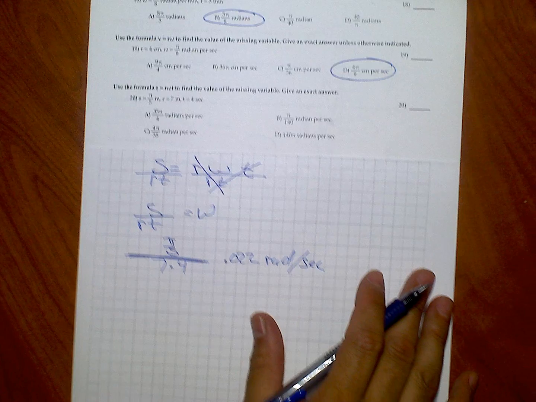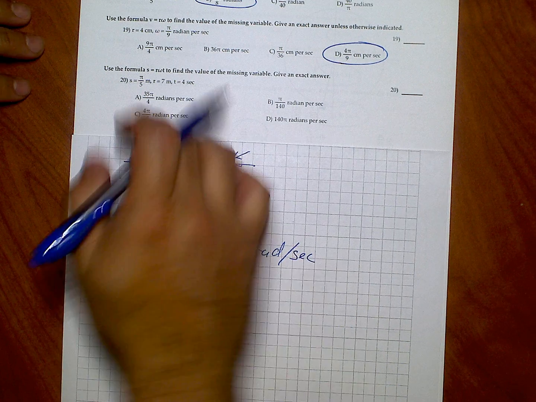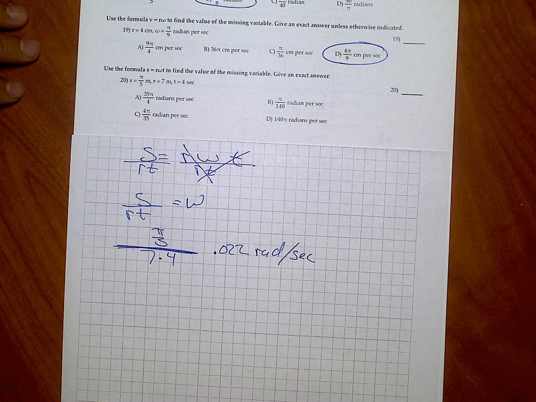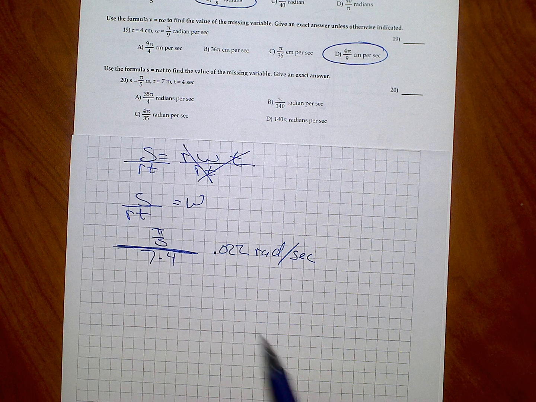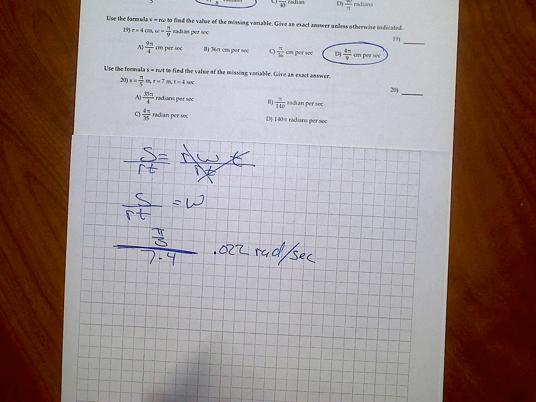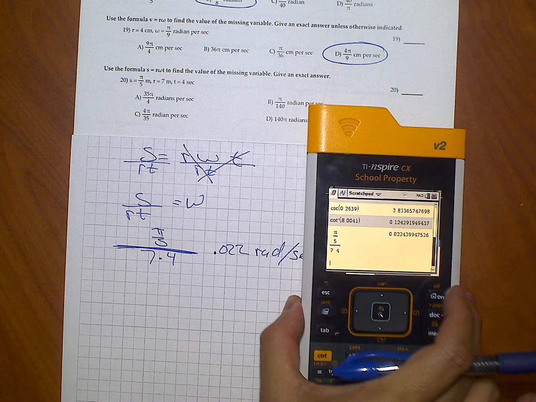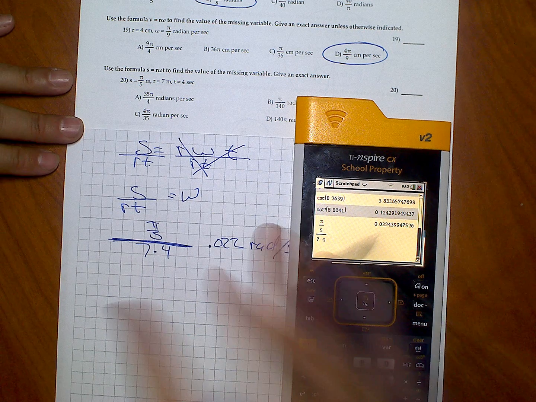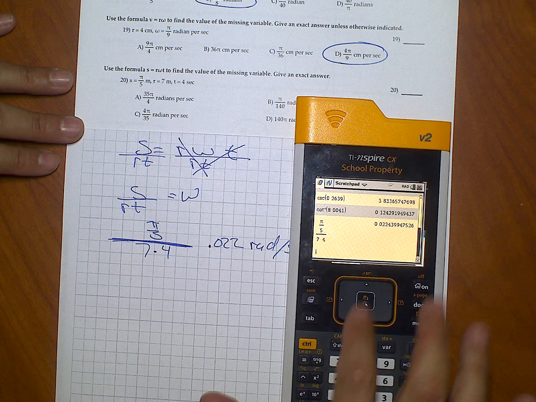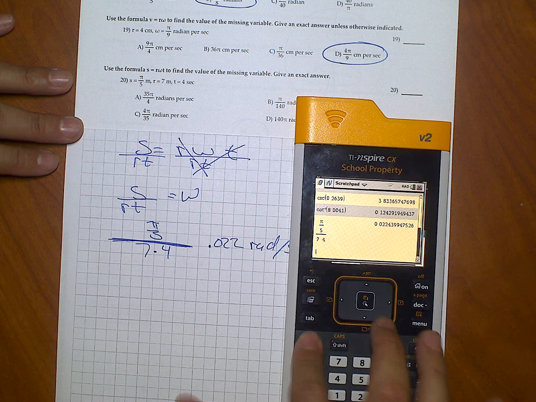It's in decimal and those are in fractions, right? So what would I do instead because I have a pi in there? Put a 1 instead of a pi. So we put a 1 instead of the pi, and then it will leave it in terms of pi. So this is why I said I was going to do it again.